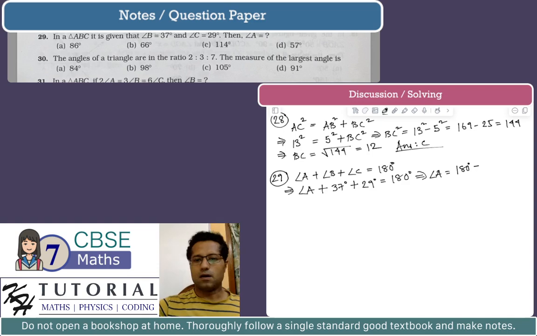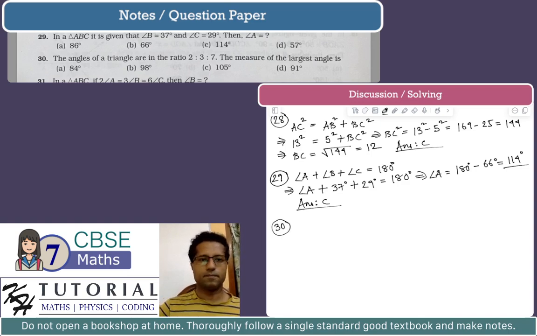It is 66 degrees. So this is equal to 114 degrees. So angle A is 114 degrees. So the answer is choice C.